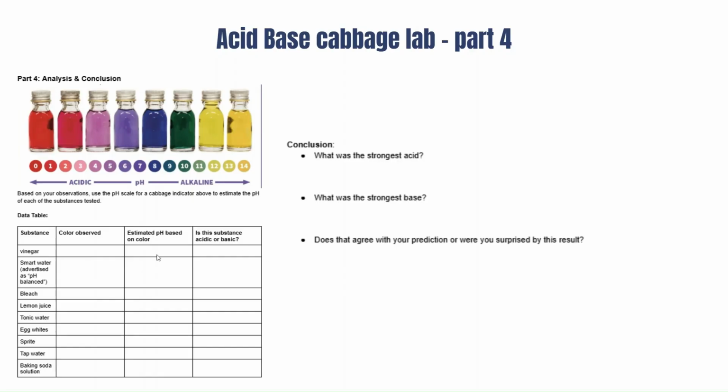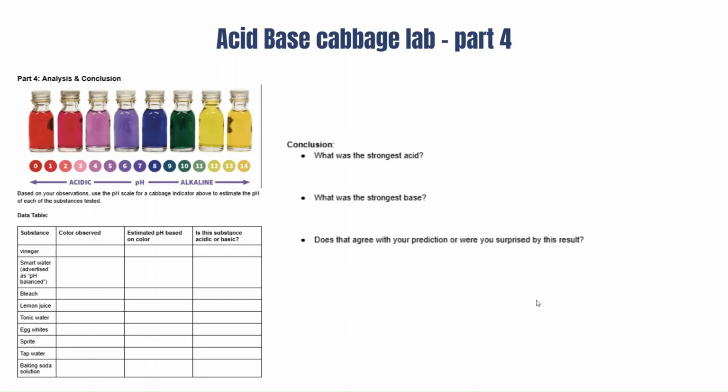So let's say I put my indicator in one of my solutions and it turns lime green. Then for the estimated pH for that substance, I'm going to say that's about 12. Again, you'll have a little bit of estimation, and that's okay. And then finally, based on the pH, you'll decide, is it acidic or basic? So if I had one that was 12, I would know that that was basic. So I would write basic in that last column.